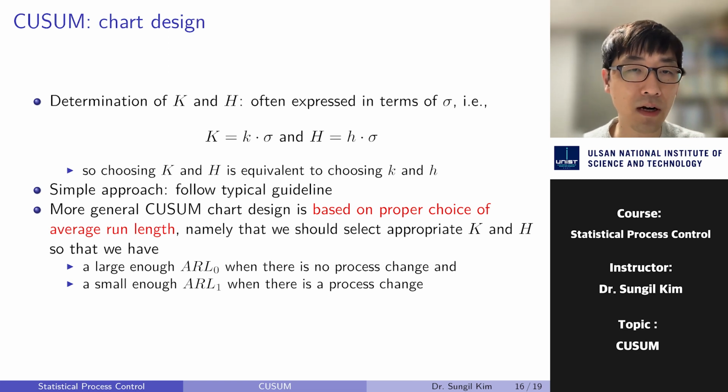More general QSUM chart design is based on proper choice of average run length, ARL. We should select appropriate K and H so that we have a large enough ARL0 when there is no process change and small enough ARL1 when there is a process change.